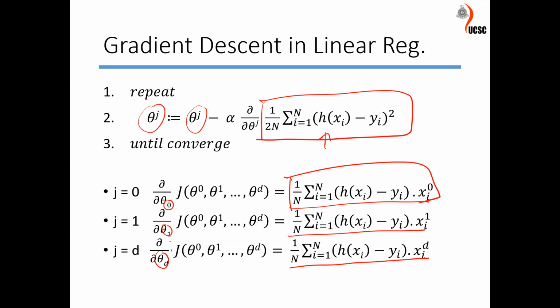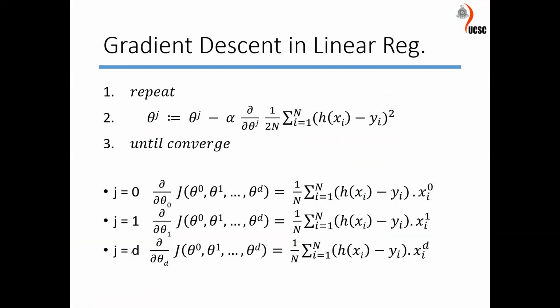Then if we derive the cost function with respect to theta 1, this will give something like this, and finally it ends up with xd. If we derive with respect to theta d, it will come to something like this.